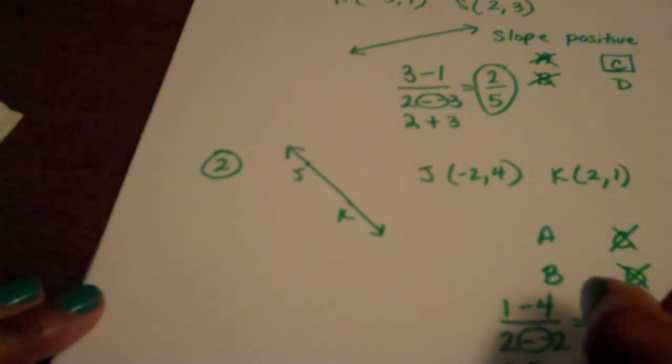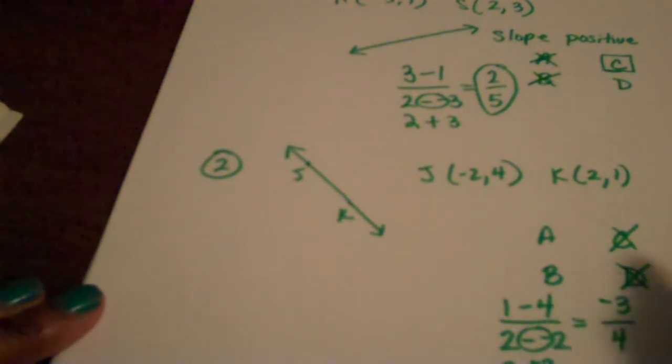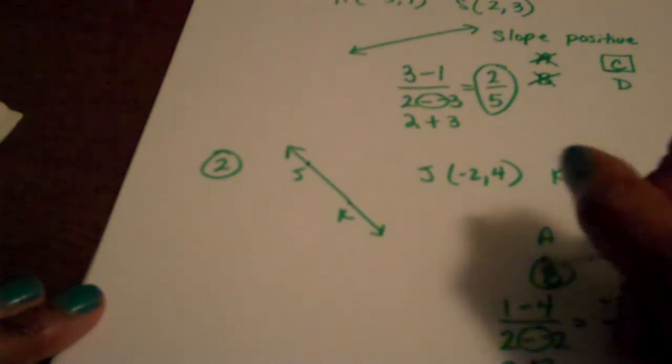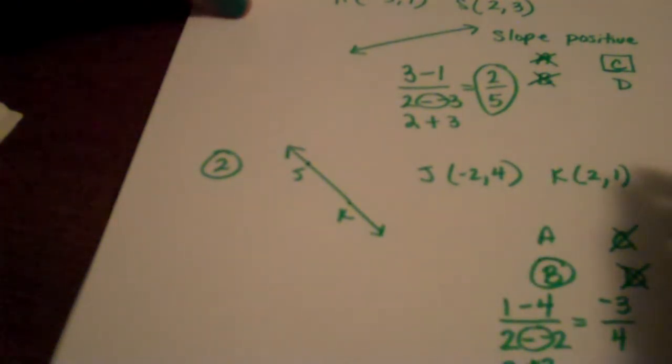Two negatives make a positive, and 2 plus 2 is 4. Therefore, that gives me a slope of -3/4, which is answer choice B as in boy.